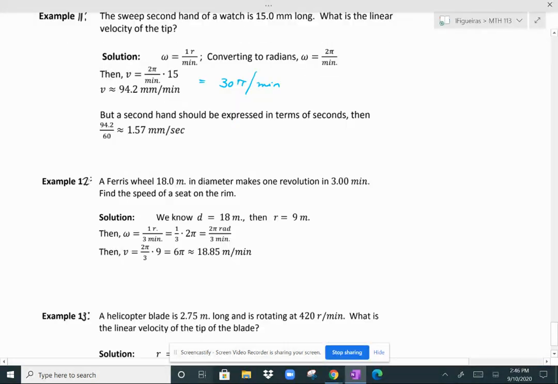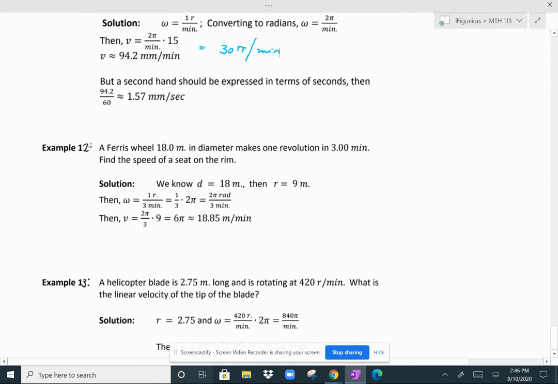This time we have a Ferris wheel that is 18 meters in diameter that makes 1 revolution in 3 minutes. Find the speed of a seat on the rim. So again, this is linear velocity because we're looking for the speed of a seat on the rim of a Ferris wheel. So therefore, that seat is moving in a circular motion. My omega is 1 revolution for every 3 minutes.